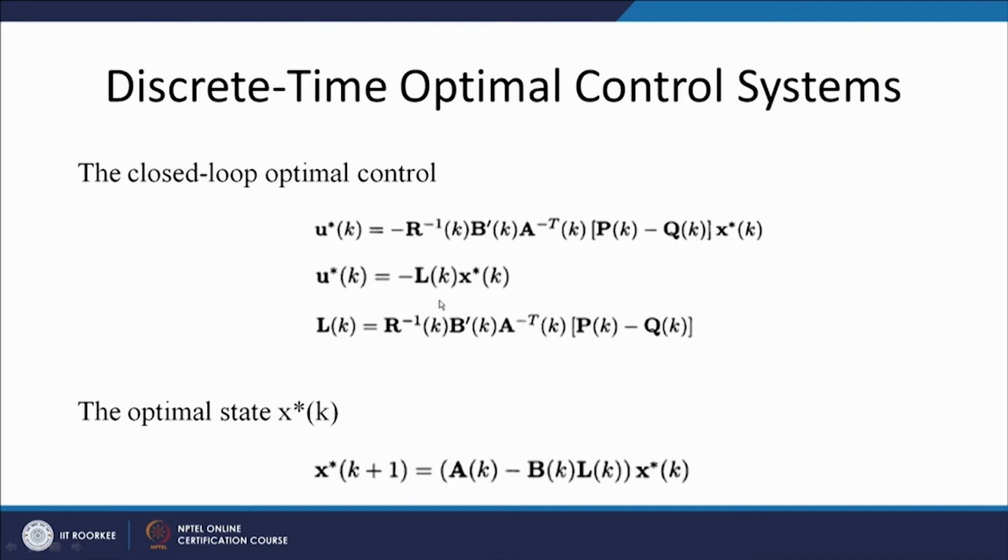So, by this I can design my optimal Lk, which gives me the optimal value of the U for a closed loop control system, and if I use U equal to minus Lk xk, my closed loop system equation will be x star k plus 1 equals Ak minus Bk Lk x star k. So, by this I can get my closed loop control.